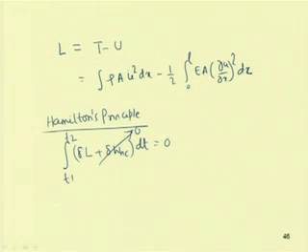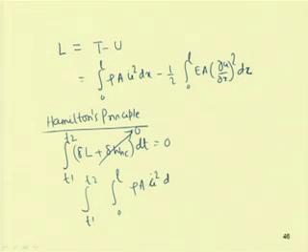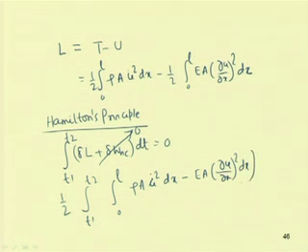So, I can write from T1 to T2, 0 to L, half rho A u dot square dx minus half E A del u by del x whole square dx into dt. So, I have to use this del operator here, so del of this equal to 0.